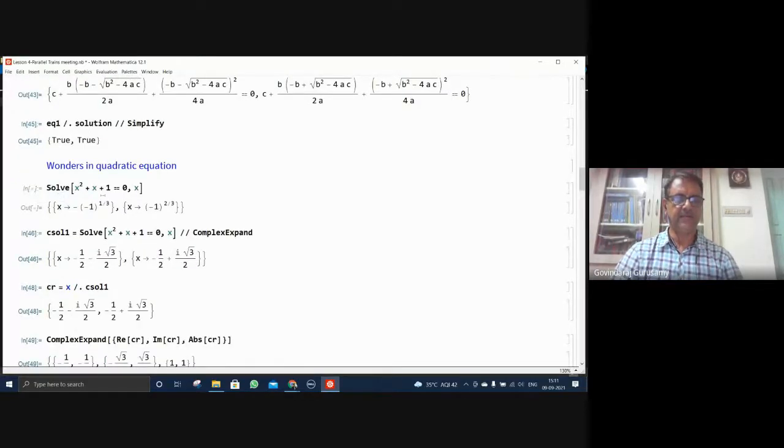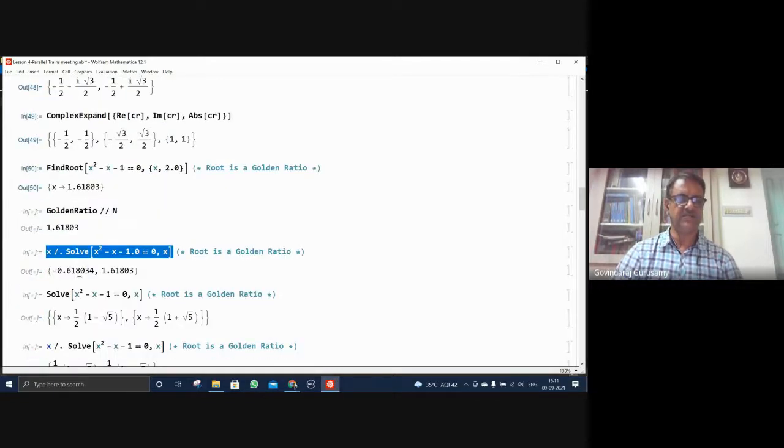Here we have written the equation, found it, defined the equation for the solution, and then substituted back. But it can also be done directly: solve it and substitute that x, and I'll get these numbers.